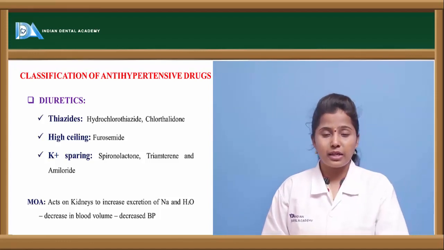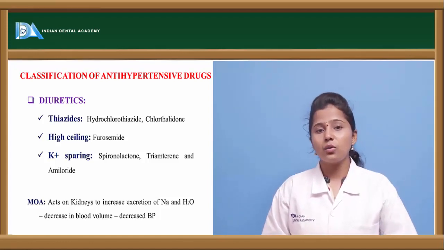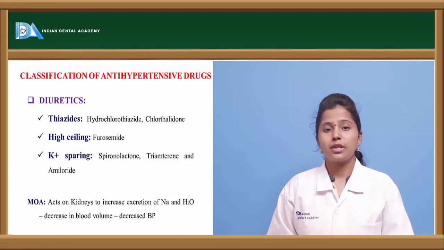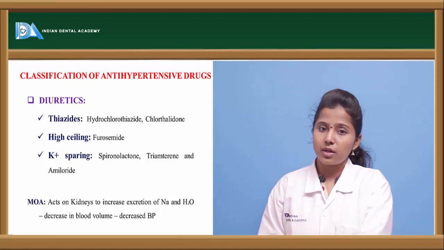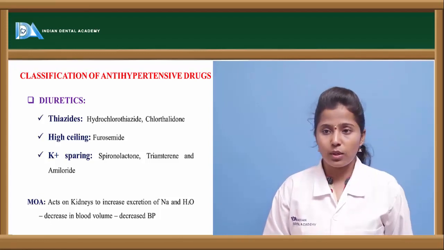If the blood volume increases, the blood will exert high pressure on the blood vessels, and that is the reason blood pressure occurs. If excess sodium and water are removed out of the body, there will be decreased blood volume, and definitely blood pressure will decrease.